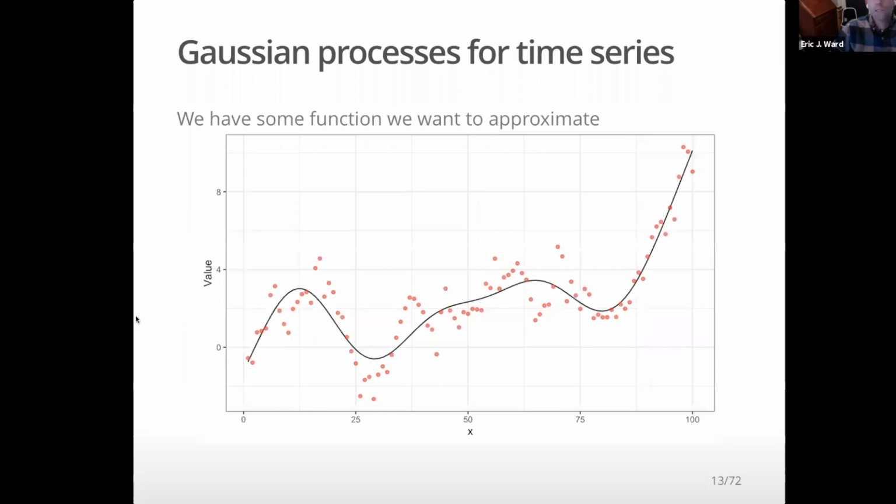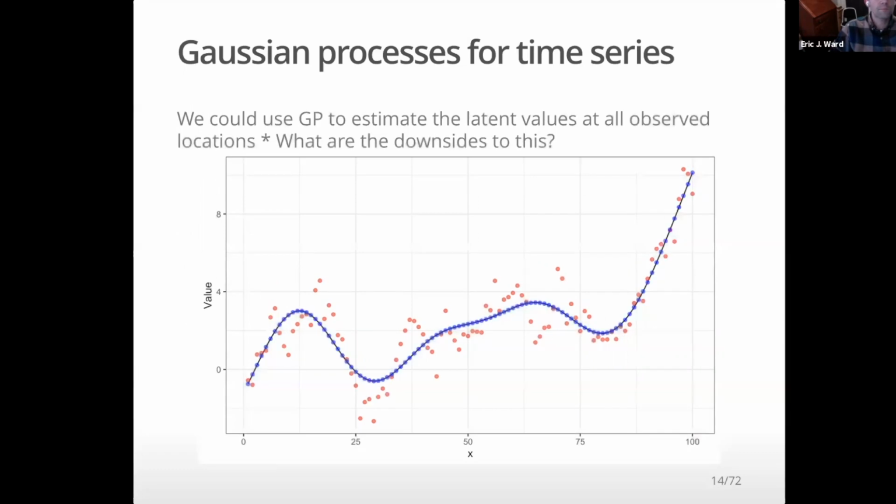Just to parallel the GAM, again, we have some smooth function that we want to estimate. This black line might be our overall mean prediction that we're trying to generate, and the red points are the observed data. With the Gaussian process function, we have a covariance matrix, and every element of that covariance matrix is defined by some function.